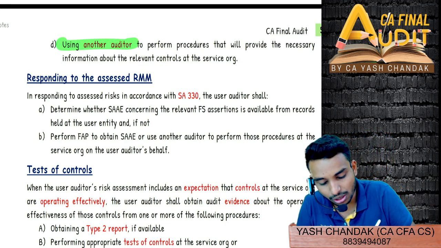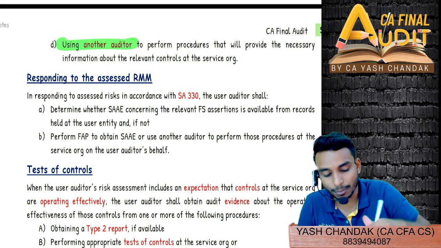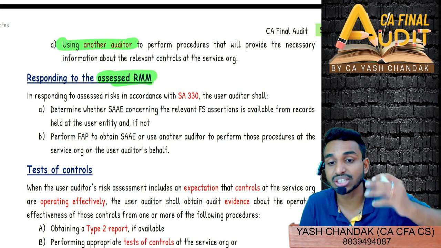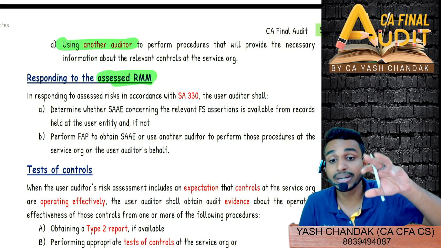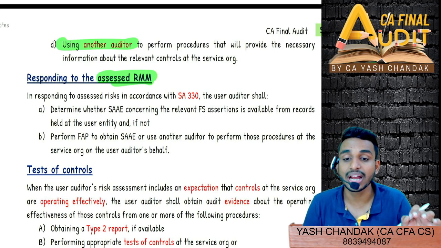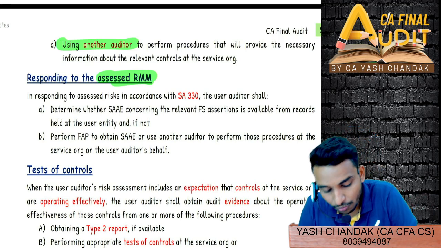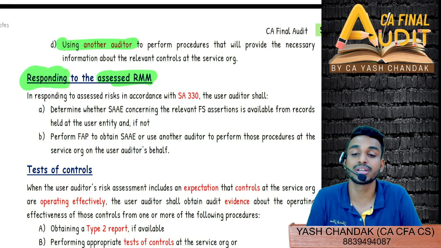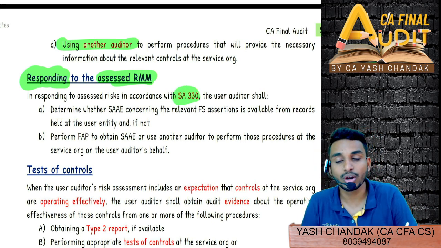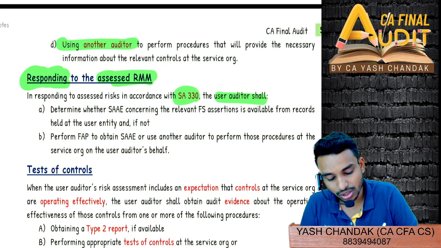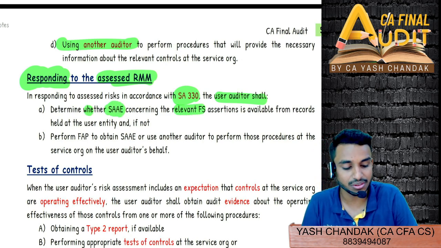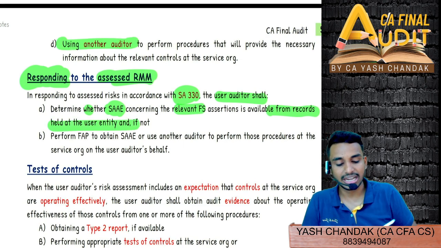Similarly here also, when we have assessed the ROMM in the internal controls by understanding the entity, the degree of interaction, the nature of relationship, the materiality of the transaction, everything, we are now done with identifying and assessing the ROMM. Now we have to respond to the assessed ROMM. So in responding, we have to act in accordance with SA 330. The user auditor shall determine whether sufficient appropriate audit evidence concerning the relevant financial statement assertions is available from records held at the user entity.